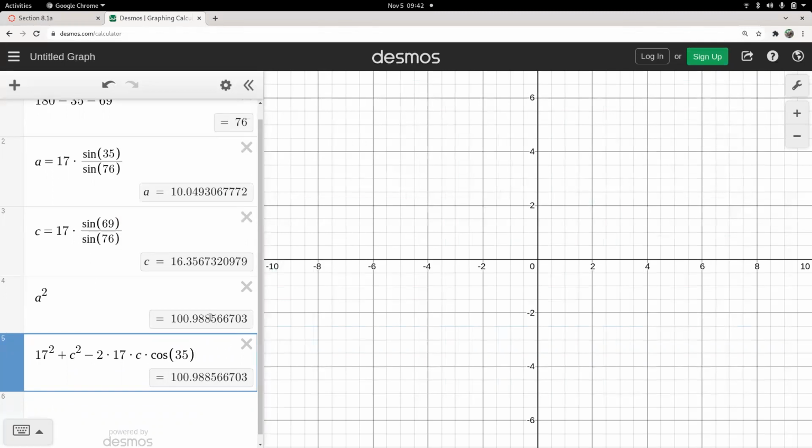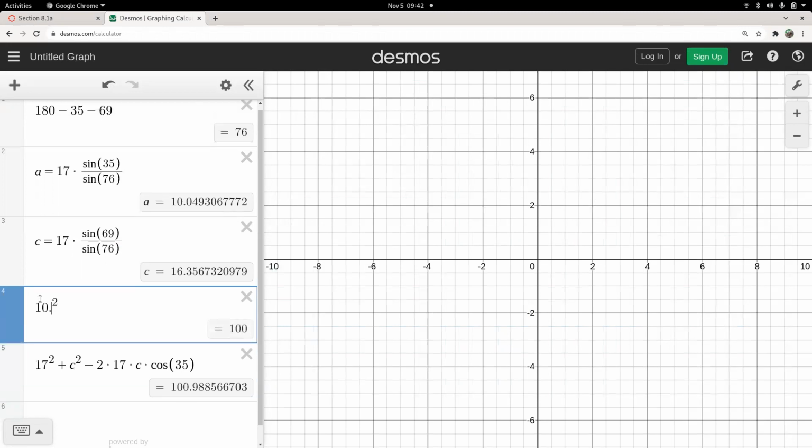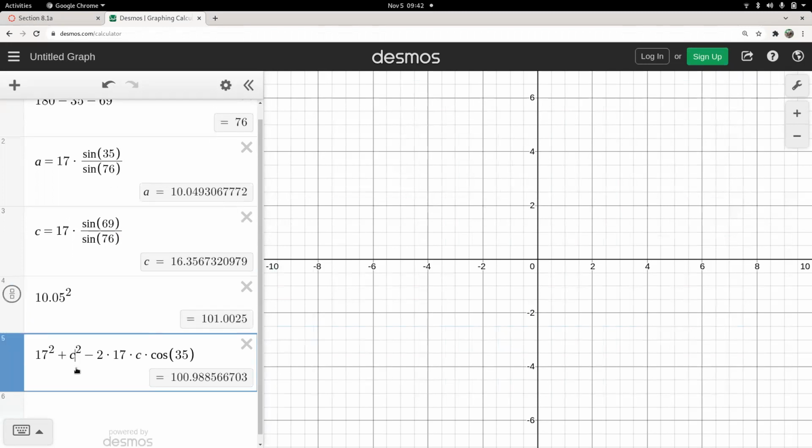Now, if I use like the 10.05 and the 16.36, it's going to be slightly different. So let's do that just to check. 10.05 is not exactly A, but it's close. And instead of C here, if I do 16.36, what I should see is the two numbers are close together, but they're not exact because I've introduced rounding error in 3 different places.